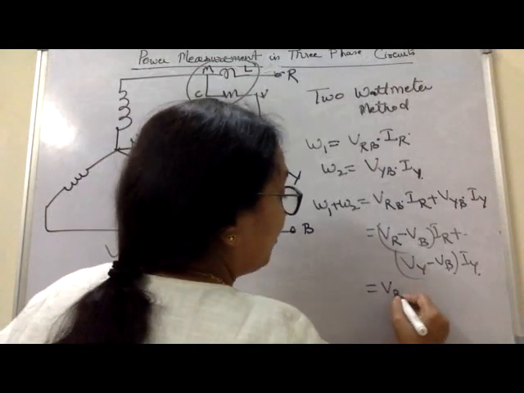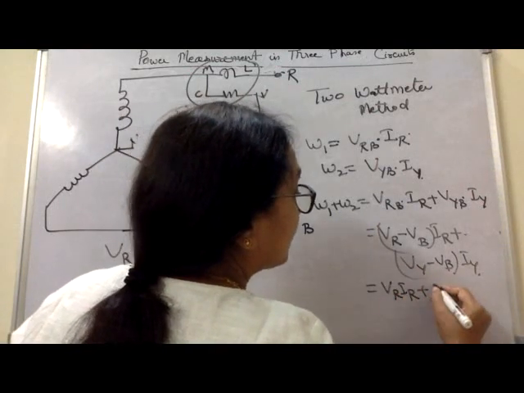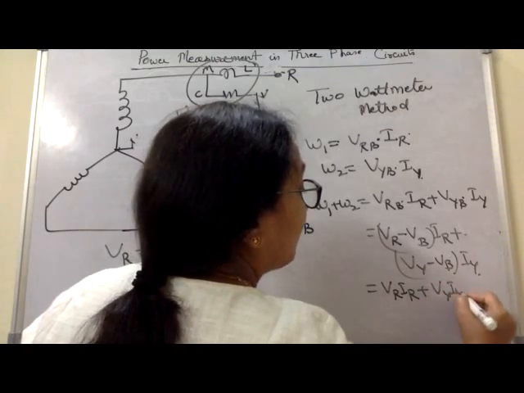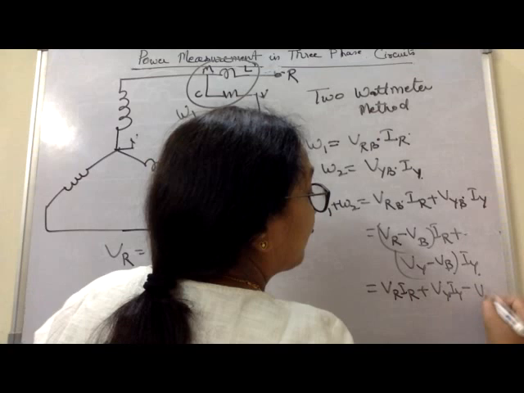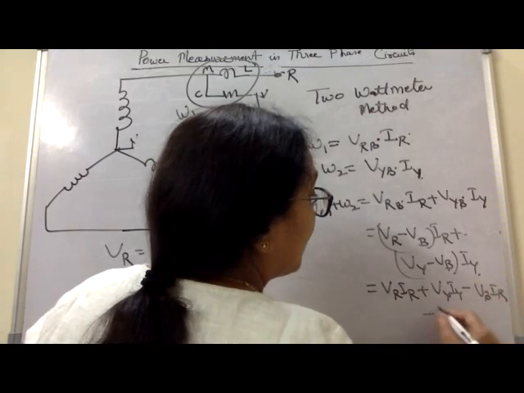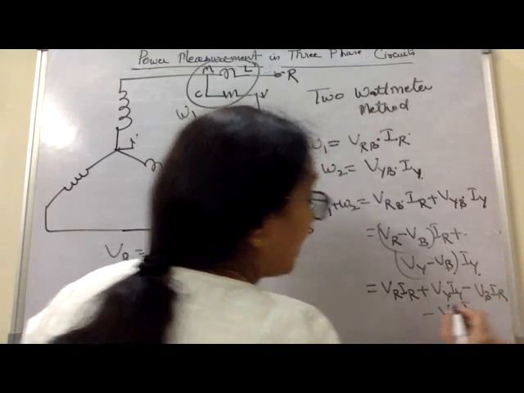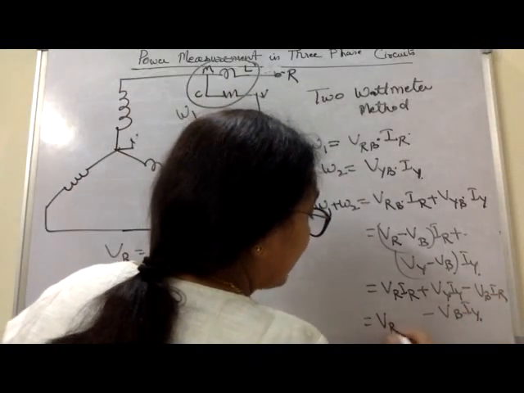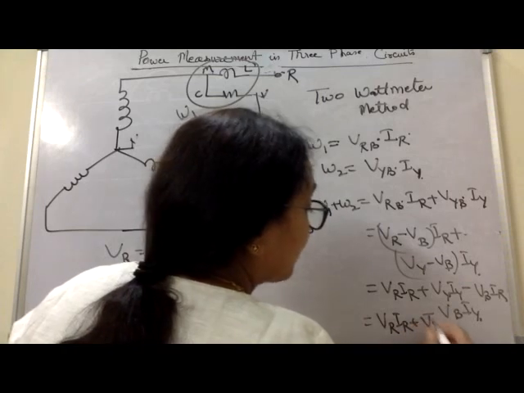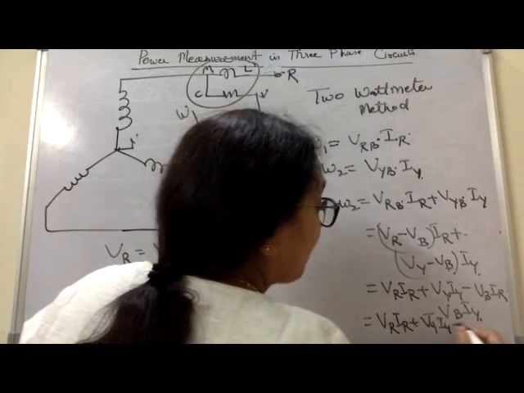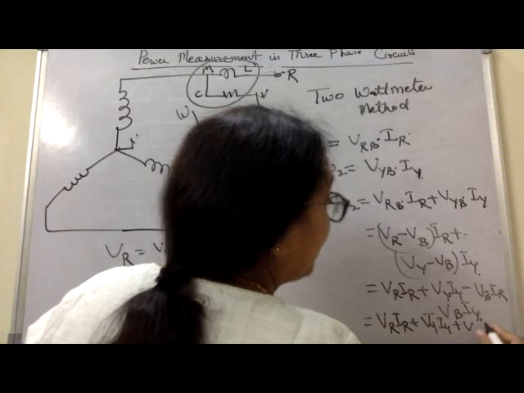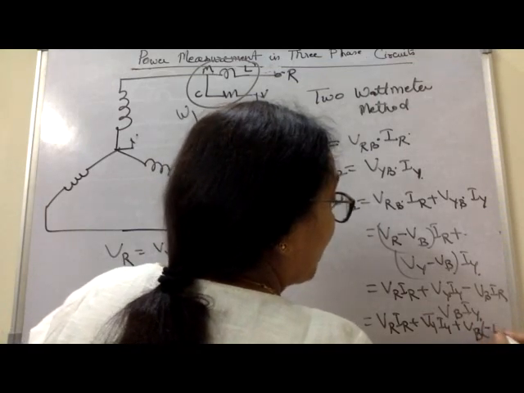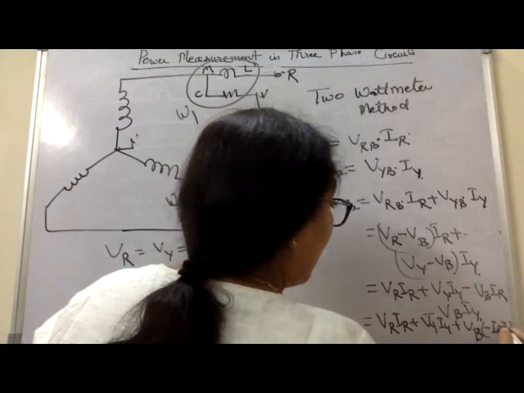This is equal to VR IR plus VY IY minus VB IR minus VB IY, and VB is common, so we can take it out: VR IR plus VY IY plus VB times minus IR minus IY.